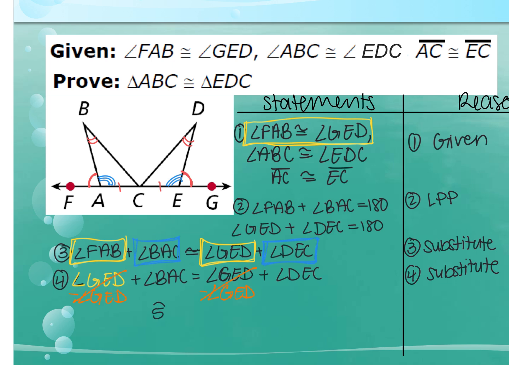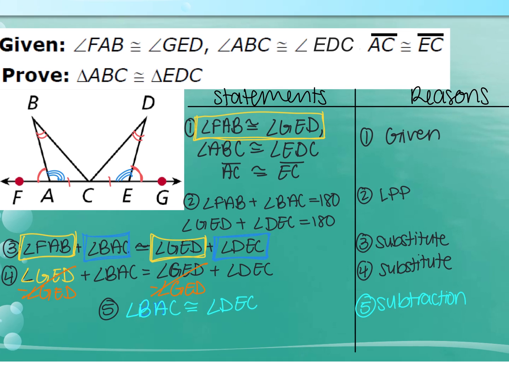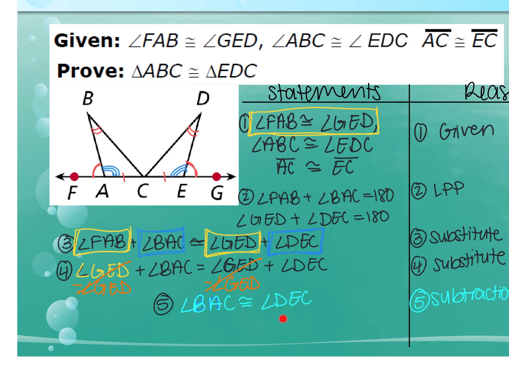I'm going to have left angle BAC is congruent to angle DEC, and I got here by subtraction. So I just proved that these two angles right here in blue are congruent by using steps 2, 3, and 4.